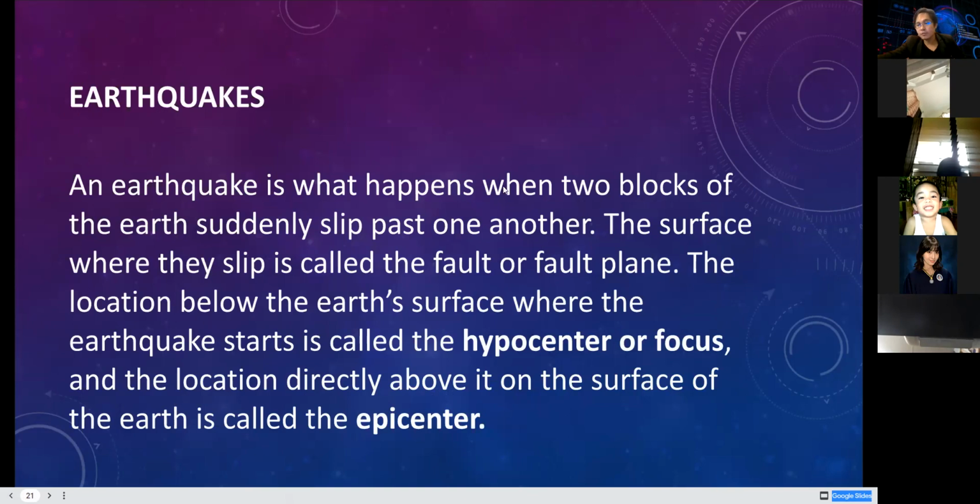Do you have any question with faulting? Okay, let's have this question. Why do we have faults? Do you have any idea? Why did faults occur?